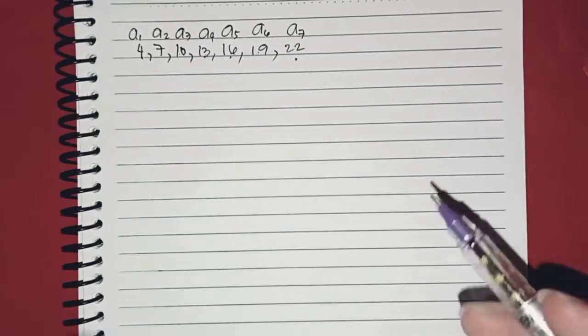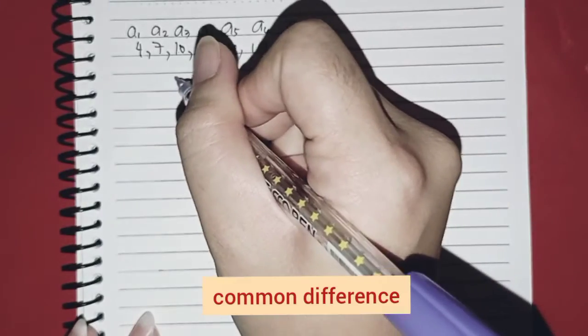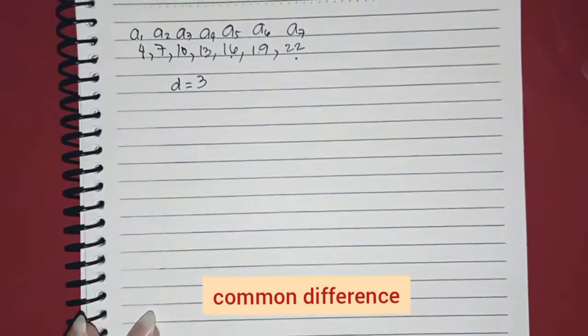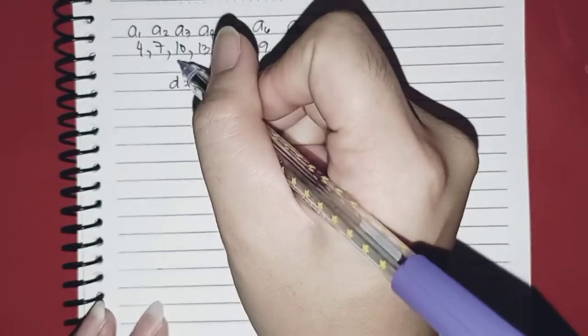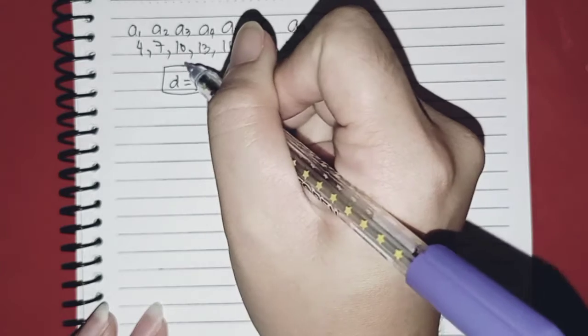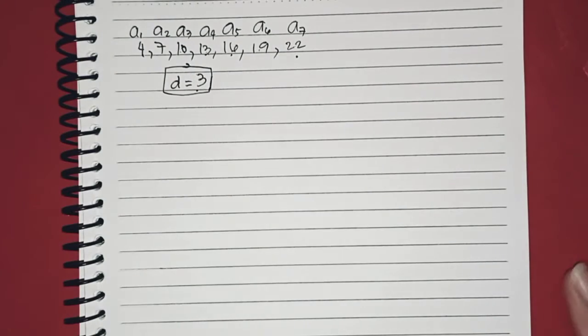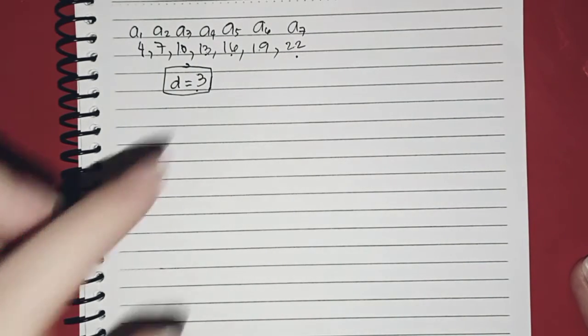So therefore, 3 here is our common difference. Again, we call this our common difference.